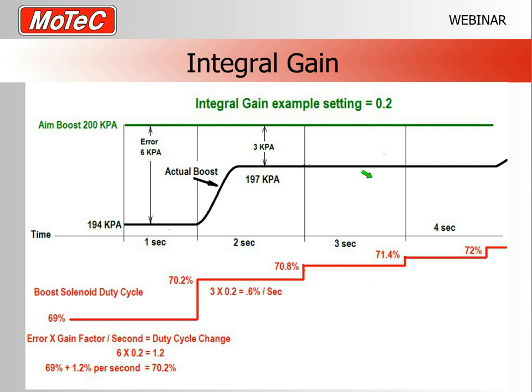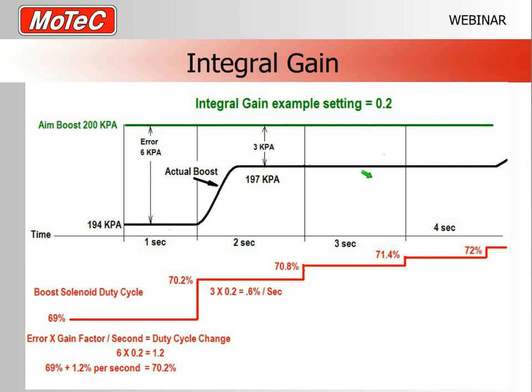It means that if the system can't actually get to the aim, the integral will keep adding duty. So if this is a long straight on a race and the turbo can't make any more boost, but you're asking for it to make boost, the integral would keep winding the duty up, and as a result of that, you would end up with the duty cycle sitting at 100.